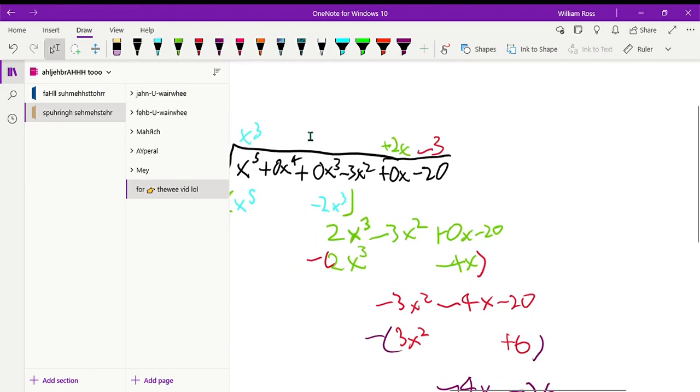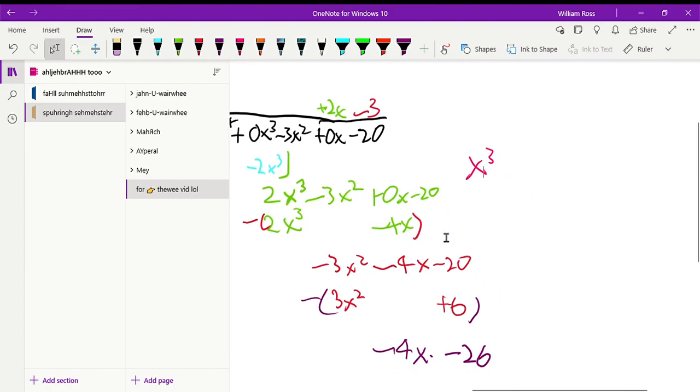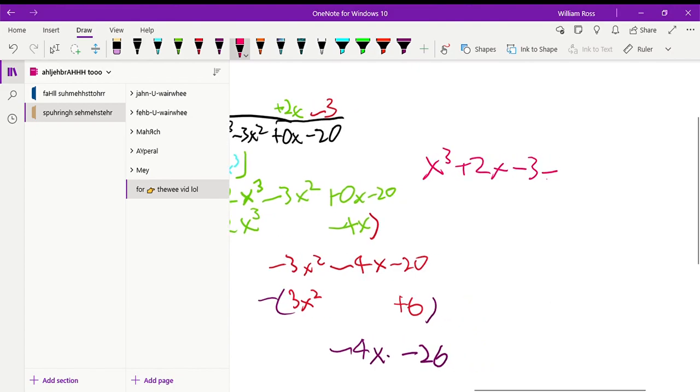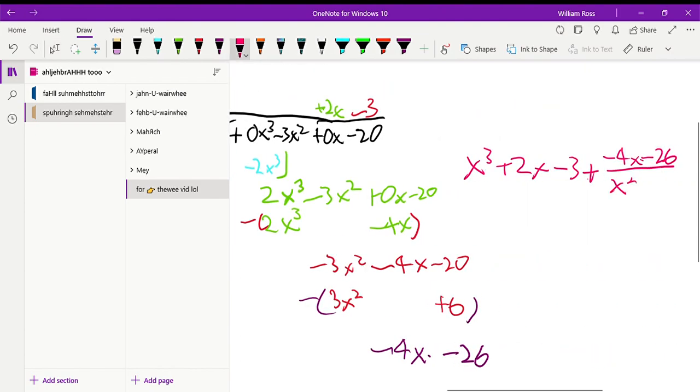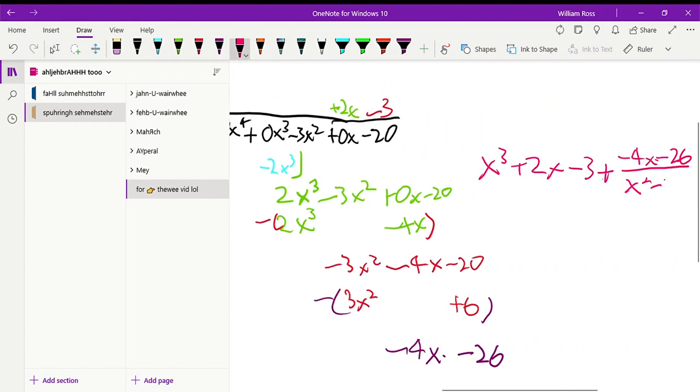So therefore, our final answer would be x cubed plus 2x, actually, yeah, plus, just to make things easier, 4x minus 26, over x squared minus 2.